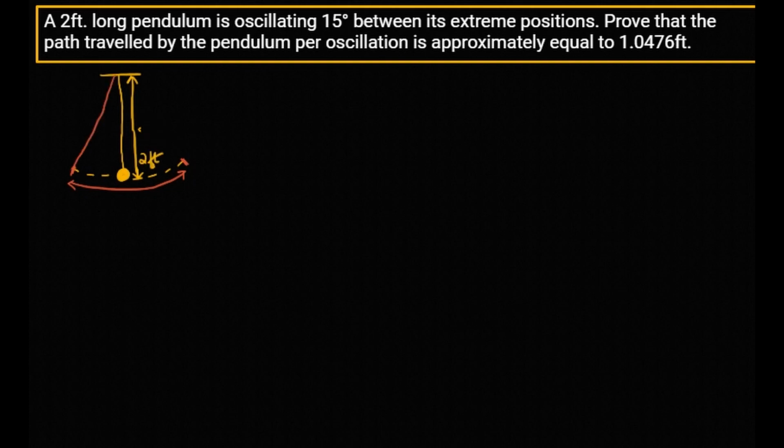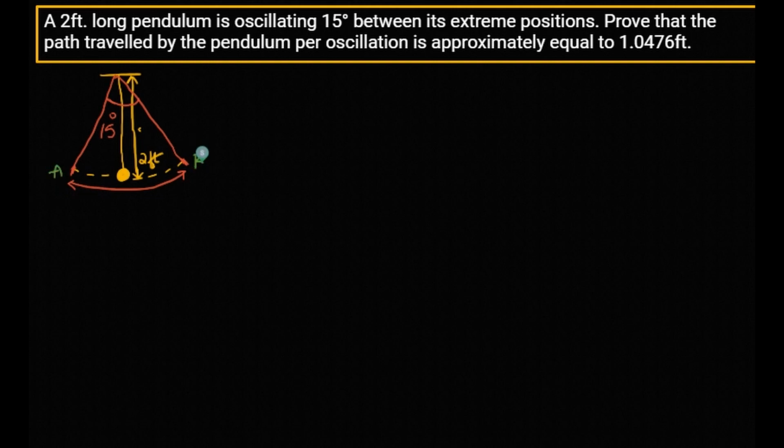So therefore, the angle formed here is 15 degrees. So we have to prove that the path traveled by the pendulum per oscillation is approximately equal to 1.0476 feet.